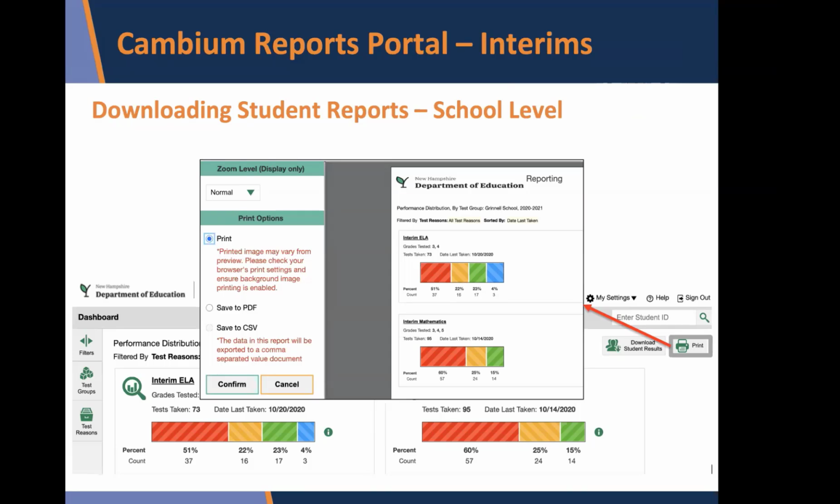Wherever you are within the reporting system, it will open up a page and create a single page PDF of whatever results you're looking at. Right here, I'm on the main reporting page, so it's showing me the main reporting results.